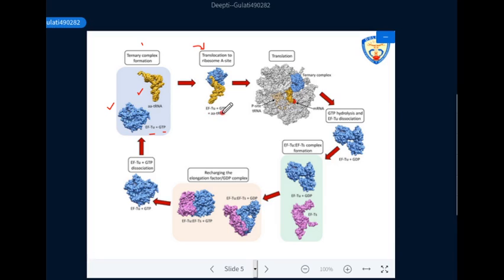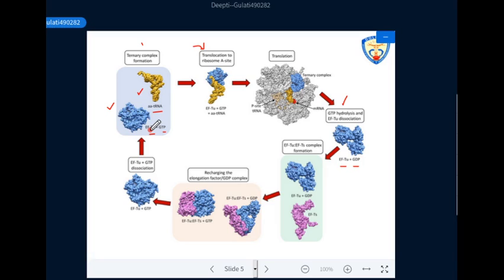Once it reaches the A site, it places the aminoacyl transfer RNA at the A site and GTP gets hydrolyzed. So what we get is aminoacyl transfer RNA attached to the A site, and EF-Tu releasing with GDP.